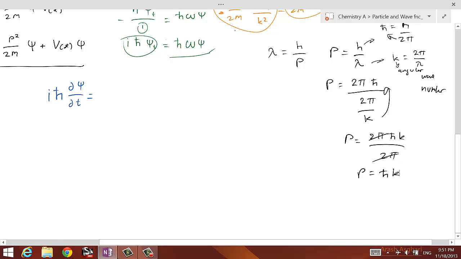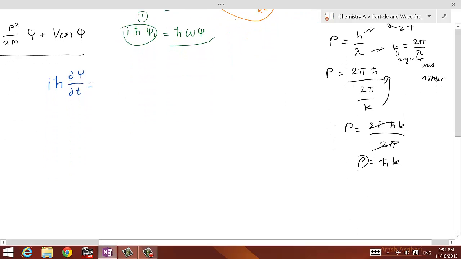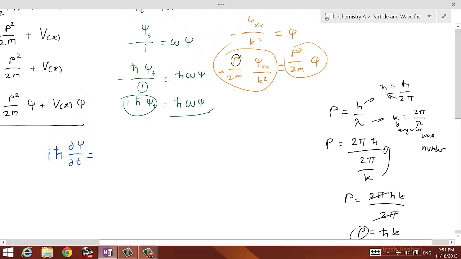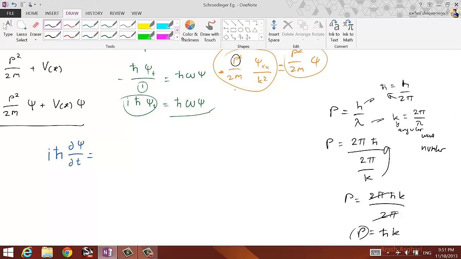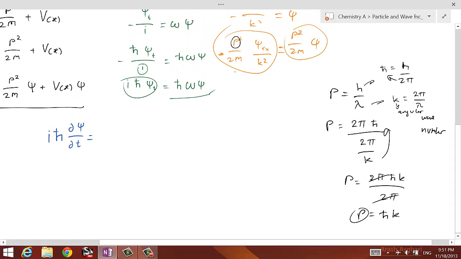Now I replace momentum here with h bar k. This is squared, so you get h bar squared k squared over 2m and minus in front, and differentiate the wave function by x two times and k squared.